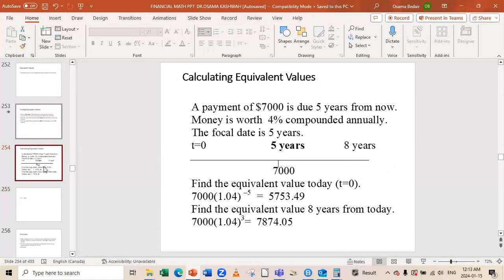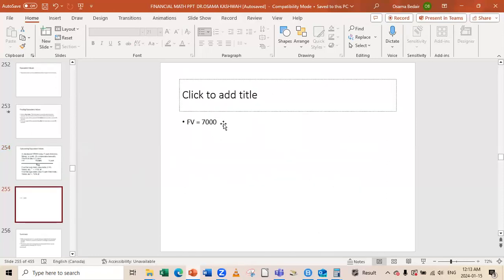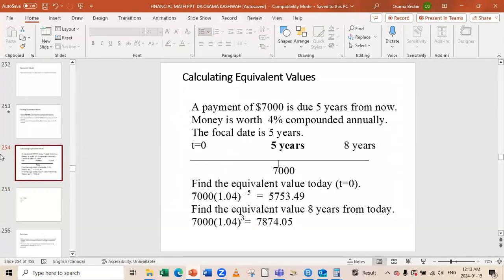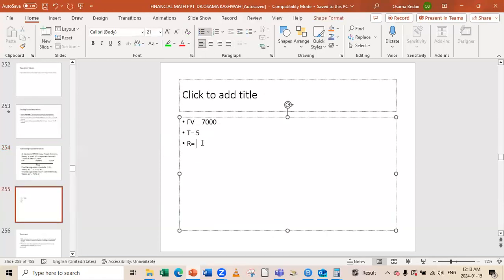The time T is 5 years, and the rate is 4%. What I want right now is the present value.